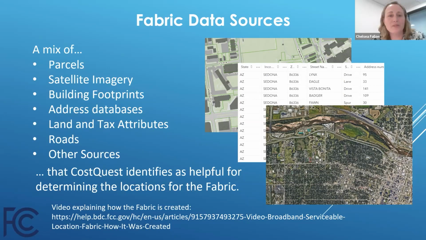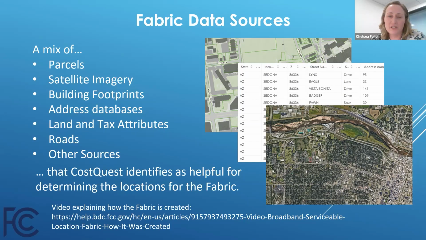Availability data as of June 30th, 2022, and version 2, which was used for the latest submission of availability data as of December 31st. CostQuest updated its source data, which resulted in new satellite imagery, building footprint data, assessment information, and parcel boundaries. It modified its address data to improve primary addresses assigned to locations and added more secondary addresses.